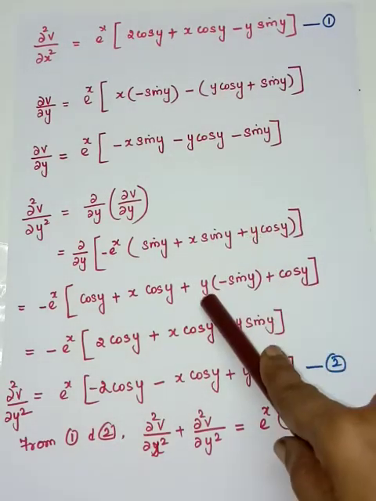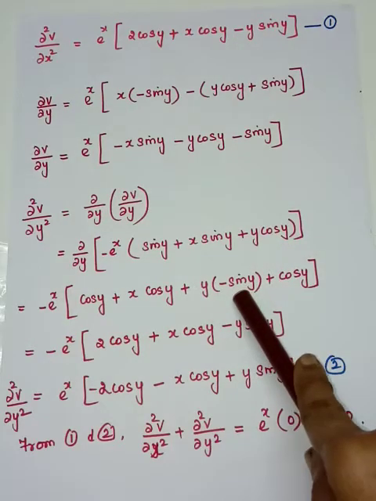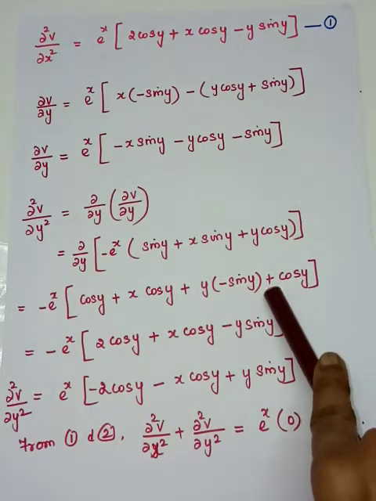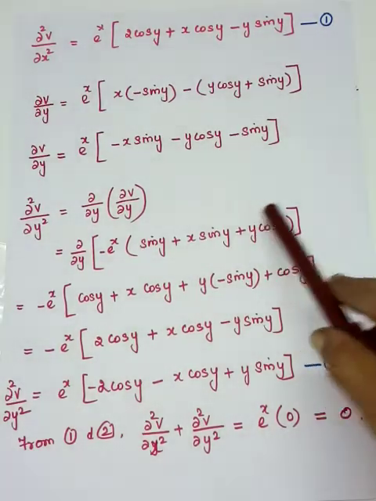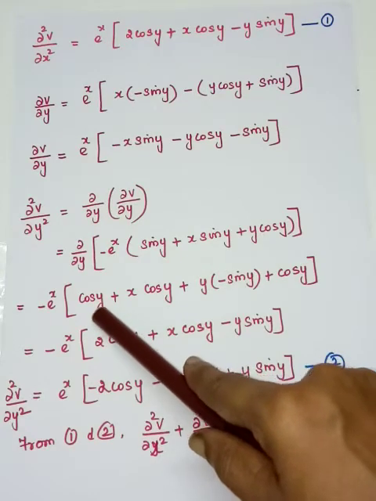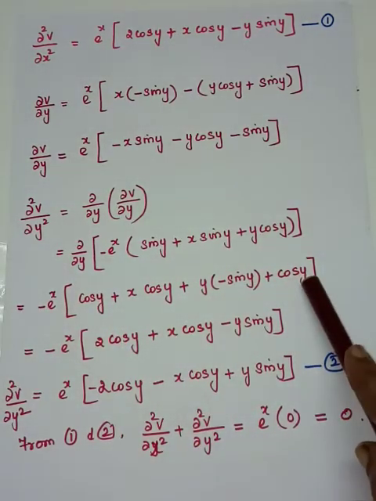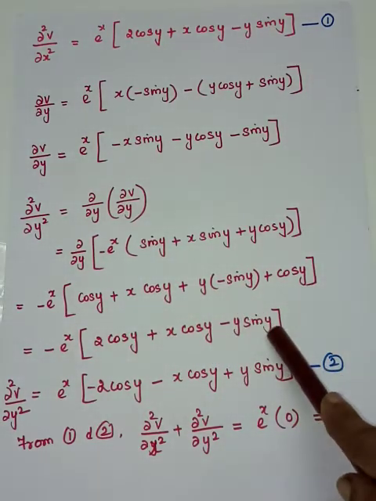So first term is written as it is. The differentiation of cos y is minus sin y, plus product rule, in between you have to write plus cos y, and the differentiation of y with respect to y is 1. So when you simplify, you see that cos y and here cos y, so it is 2 cos y plus x cos y minus y sin y.